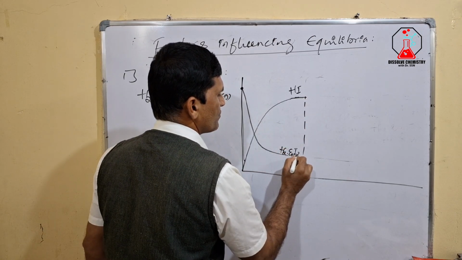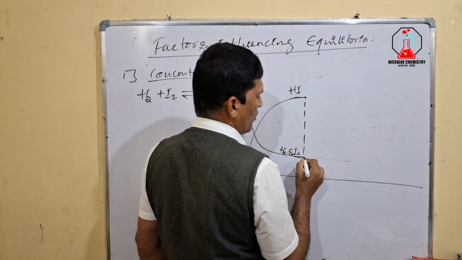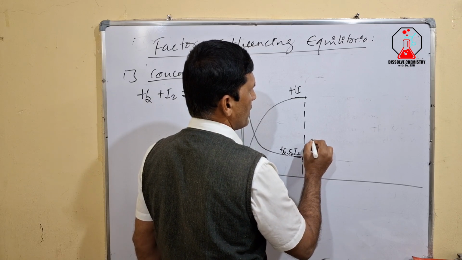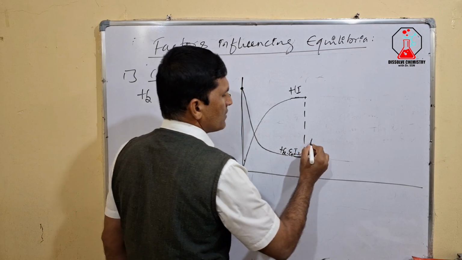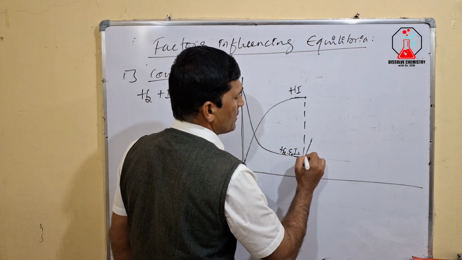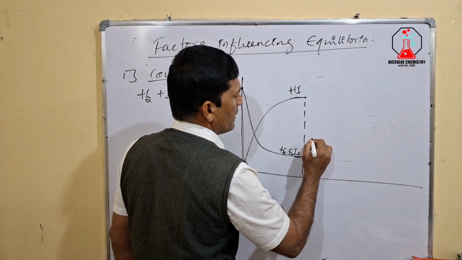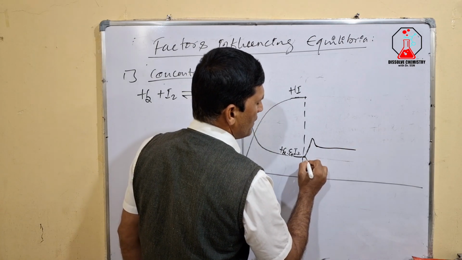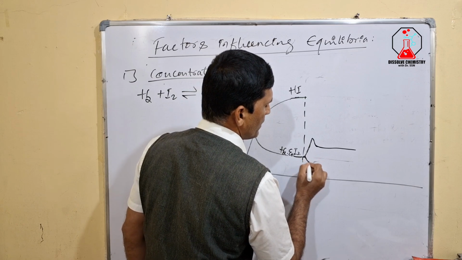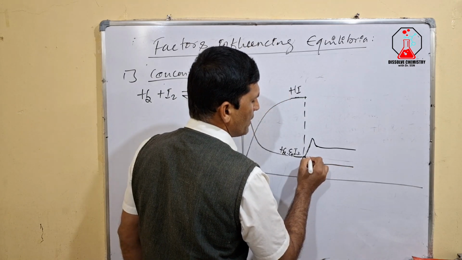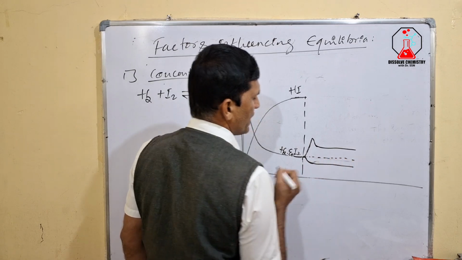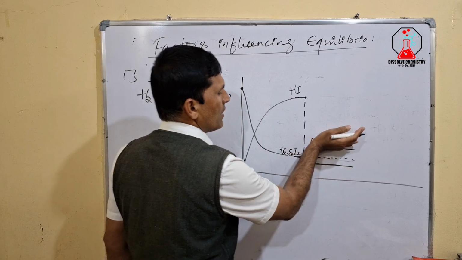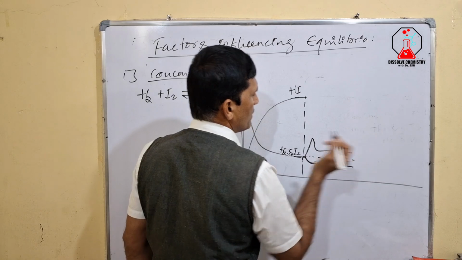Now at equilibrium, I am not altering both concentrations, just hydrogen I have increased. When the concentration of hydrogen is increased, the reaction will once again commence, and there is a decrease in the concentration of iodine also. A decrease in the concentration of I2 is observed and a decrease in the concentration of hydrogen is also observed.